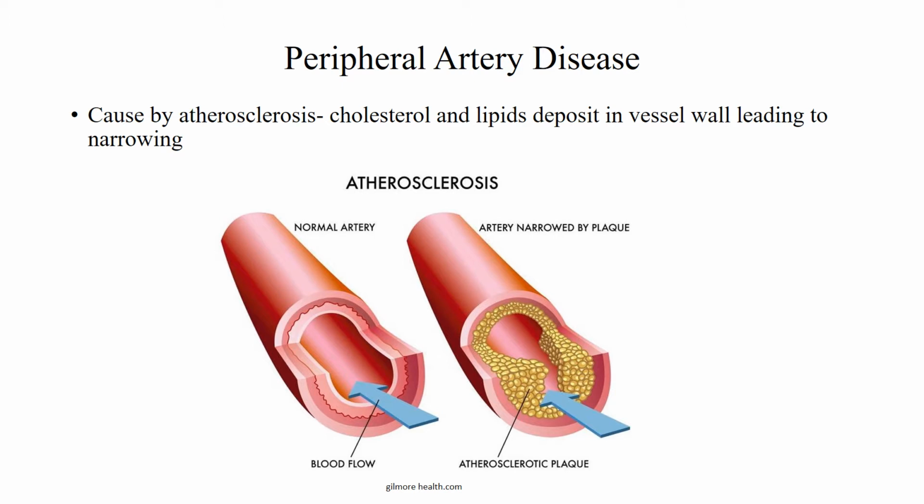If you can see here in the illustration in this slide, there is a normal artery, and you will see that the lumen is clean, there is no blockage, and compare that to the artery on the right side, where you can find an artery narrowed by plaque. Those yellow circular areas represent cholesterol and lipids that have deposited in the blood vessel wall, creating an atherosclerotic plaque.